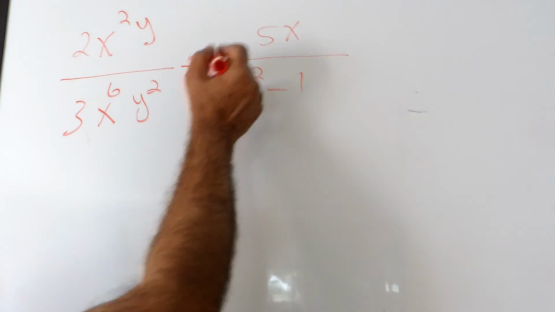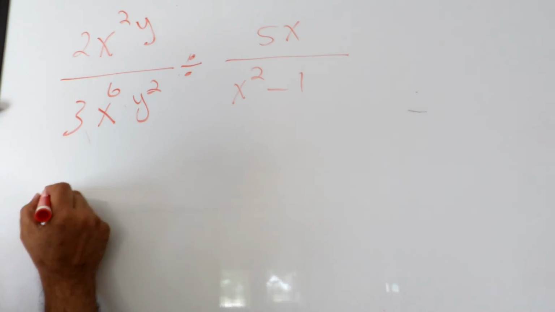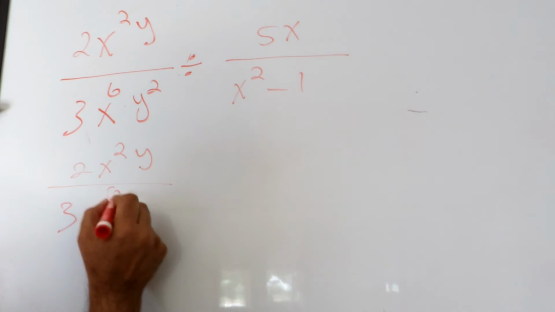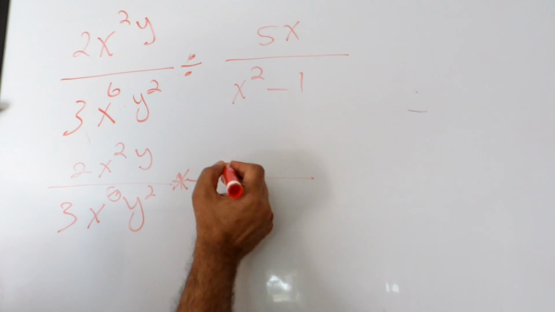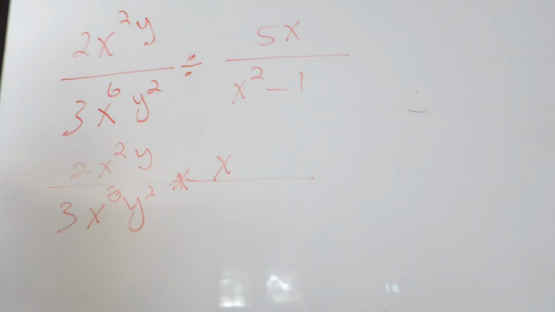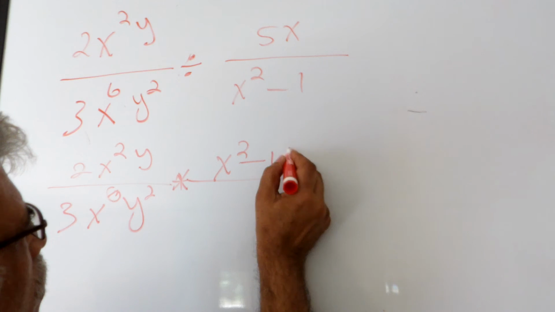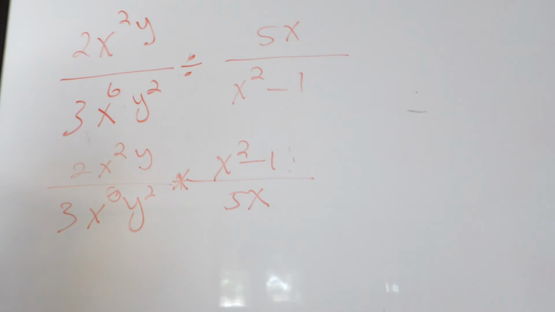See, for doing this, the best way is to do it in this way. You say 2x squared y over 3x to the 6 y squared times the reverse of this. The reverse of this rational fraction is x squared minus 1 divided by 5x.